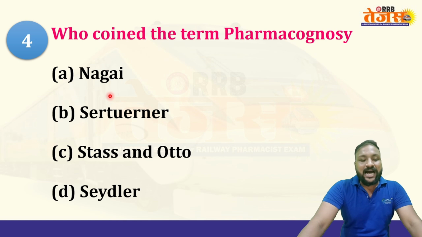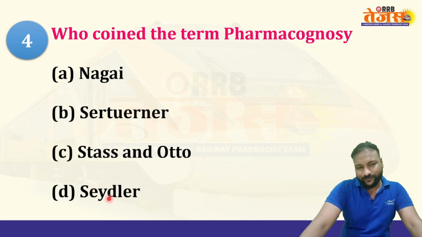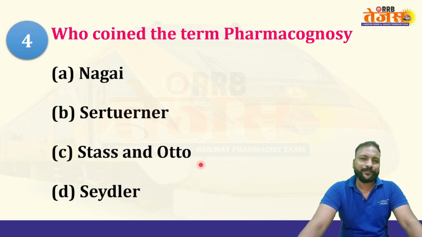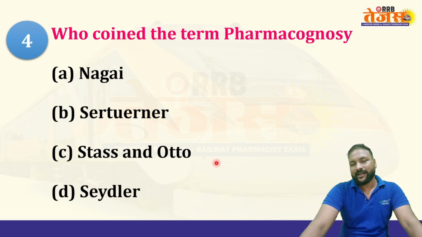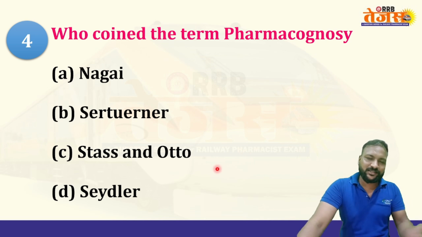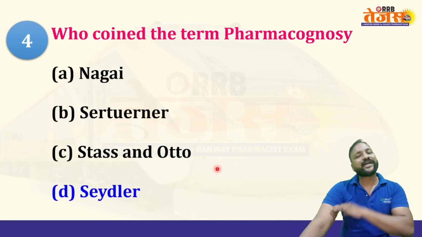Option A is Nagai, option B is Serturner, option C is Stas and Otto, and option D is Sedler. I think in the second question I explained this. I gave an explanation of some of the important personalities, and I included one name. If you properly listened to that slide, you are able to answer this question. Yes, let's check the right answer. Option D is correct.